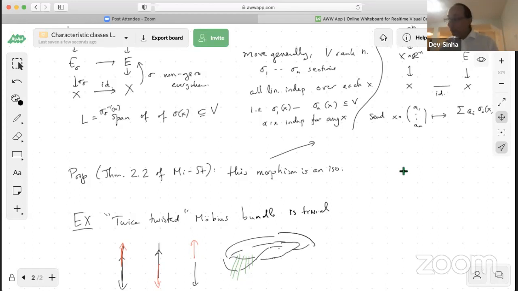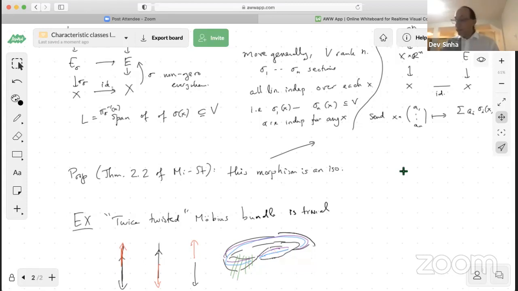But the point is that it is trivial, even in this model in R3. The zero section is running along the middle. And if one follows around, you can make, I'll put it in purple, I claim a non-zero section that misses the zero section everywhere and comes around and is non-zero.